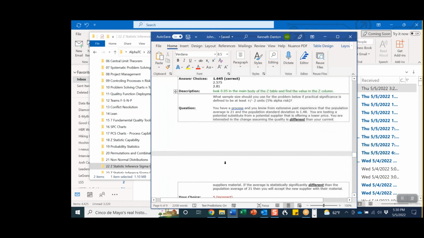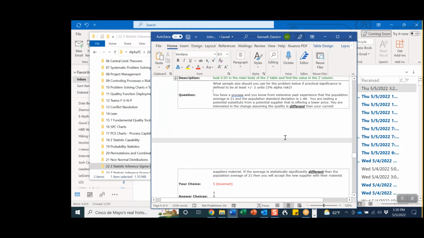Now here, it says, what sample size should you use for the problem below if practical significance is defined to be at least plus or minus 2 units or 5% alpha risk? So it's 5% alpha risk, which would give you 1.645, but this says plus minus 2 units. Plus minus means two-tailed.